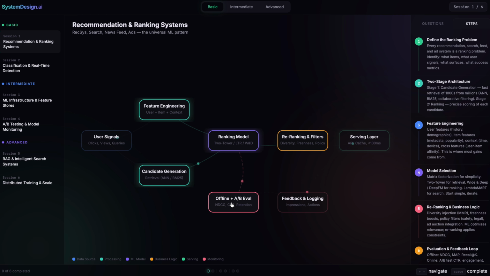Then we have offline and A/B evaluation done with the ranking, based on the pattern. Offline is analyzing past data, of a user who came before, or the history of purchases for that particular product, group of products, or category.